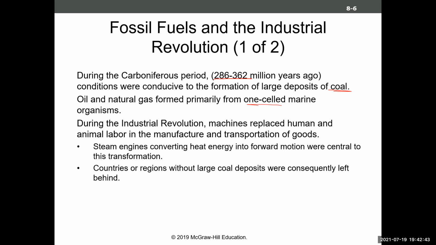And now eventually humans discover this coal and they figure out that you can burn the coal and it has a high energy capacity. And so during the Industrial Revolution, we develop machines, and those machines can use energy to do jobs much quicker than humans were completing those jobs.